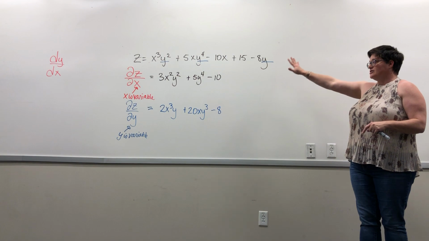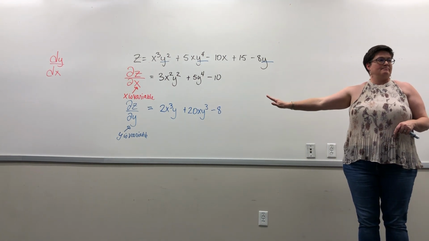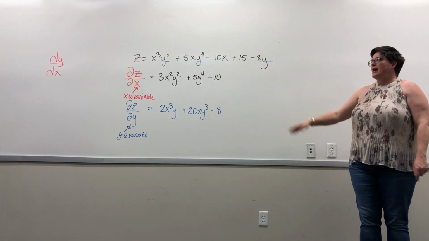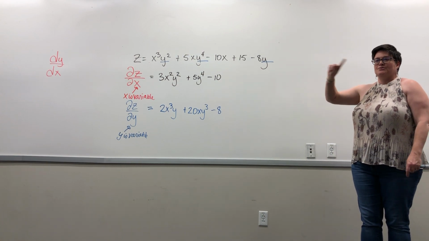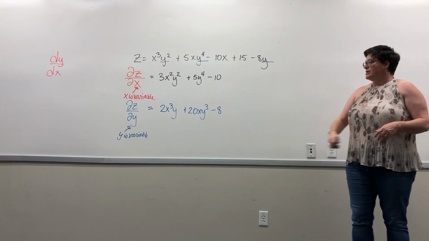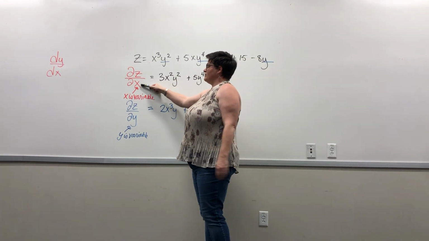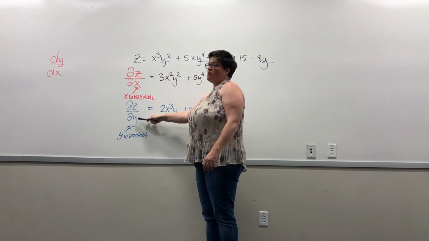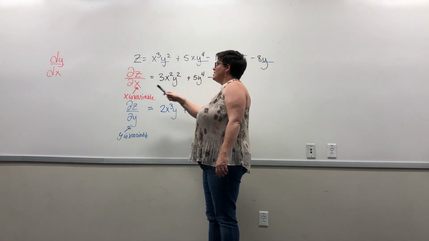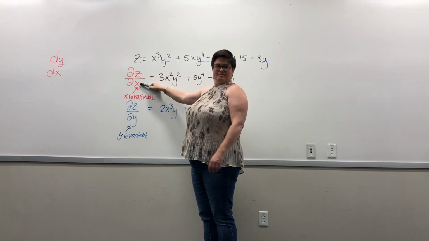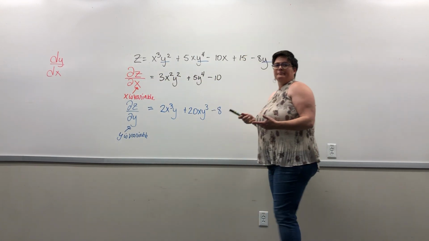So I like to underline it in color. This is magic, guys. My eyeball sees the color and goes towards those things. Always start with what you're taking the derivative with respect to. Partial of z with respect to y, my variable is y, underline y. Partial of z with respect to x, my variable is x, underline x, okay?